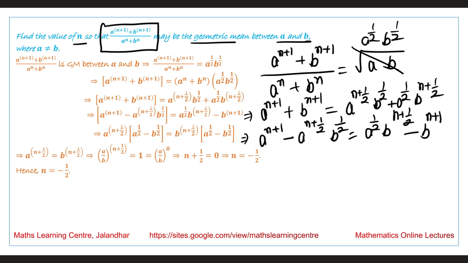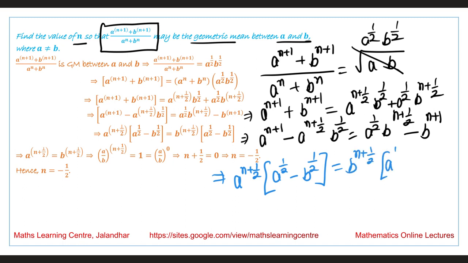Now if we take a raised to the power n plus 1 by 2 common, we are left with a raised to the power 1 by 2 minus b raised to the power 1 by 2 is equal to b raised to the power n plus 1 by 2 into a raised to the power 1 by 2 minus b raised to the power 1 by 2.